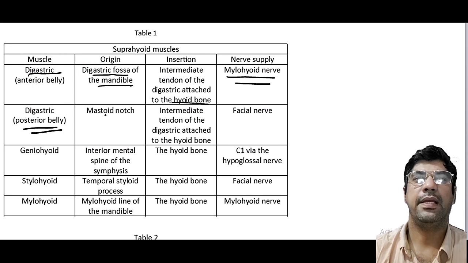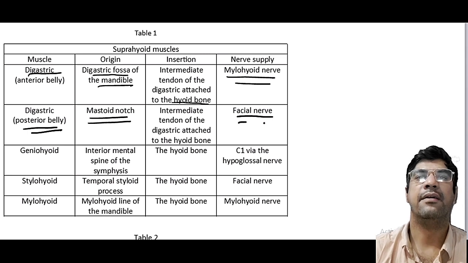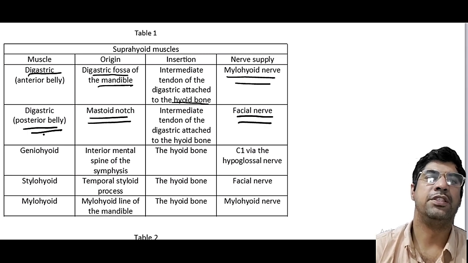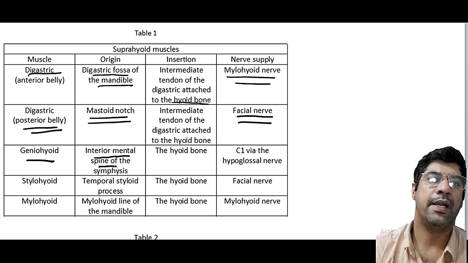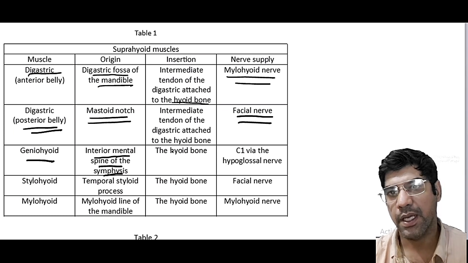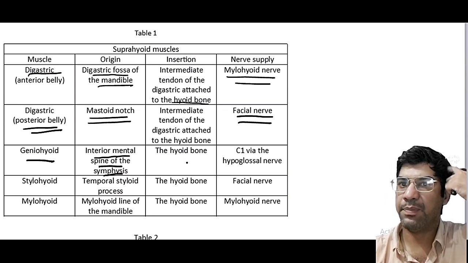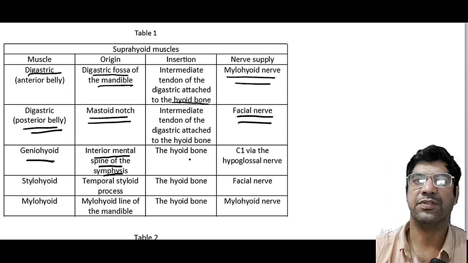The posterior belly: the origin is from the mastoid notch and nerve supply is through the facial nerve. The geniohyoid muscle: origin is the inferior mental spine of the symphysis, insertion again into the hyoid bone, and nerve supply is through C1 via the hypoglossal nerve.